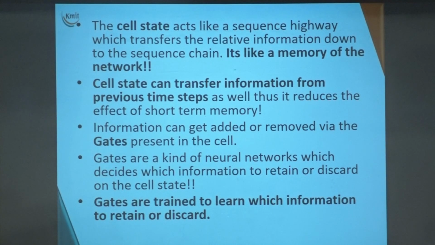Clear enough? So, gates are a kind of neural network which are going to decide which information to retain or discard onto the cell state. Gates are trained to learn which information to retain or to discard. Suppose it's a forget gate, for example, and a word is coming like I, insignificant, discard. Happy, significant, keep, pass that to cell state.